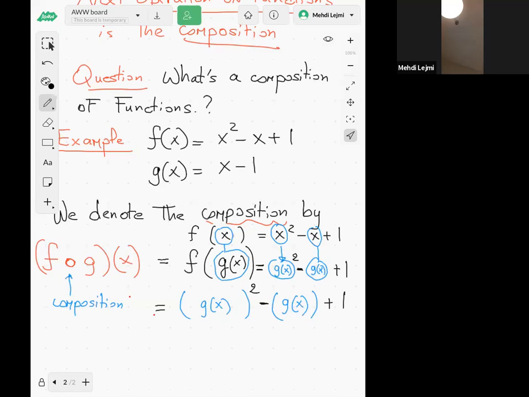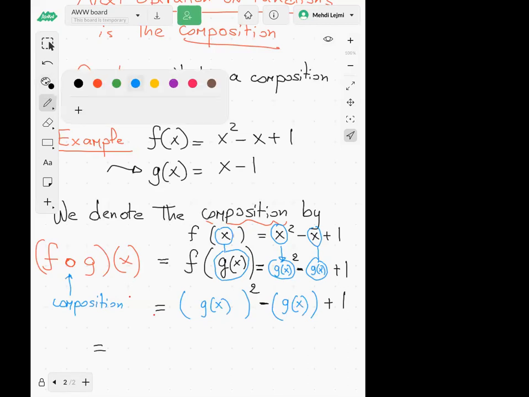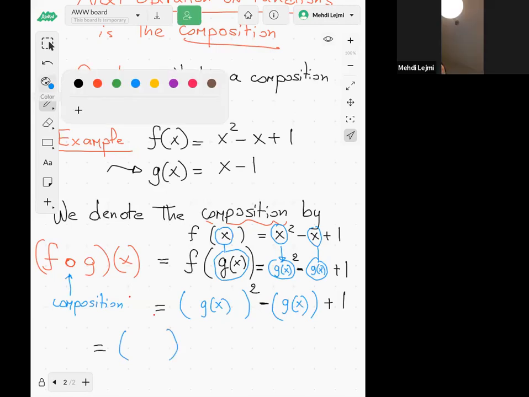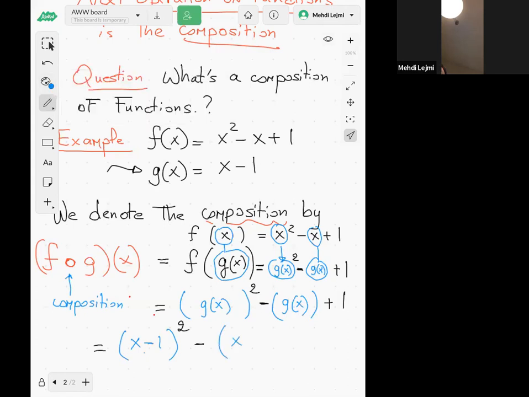Okay. So now what's g of x? Well, g of x is x minus 1. So I'm gonna have parentheses, x minus 1. That's my g of x. Here's my g of x, right? There's a square, minus, again, this g of x, which is x minus 1.